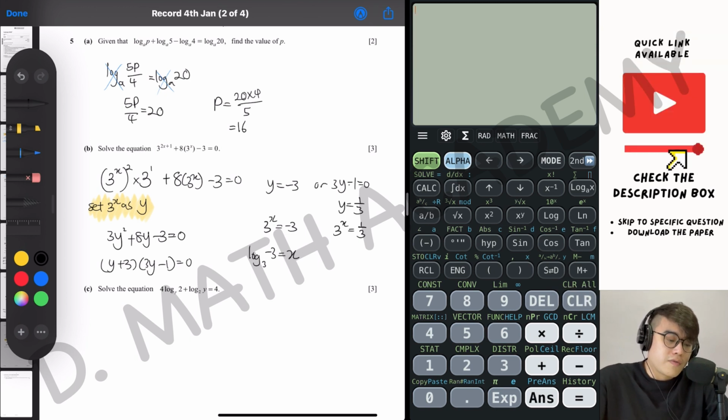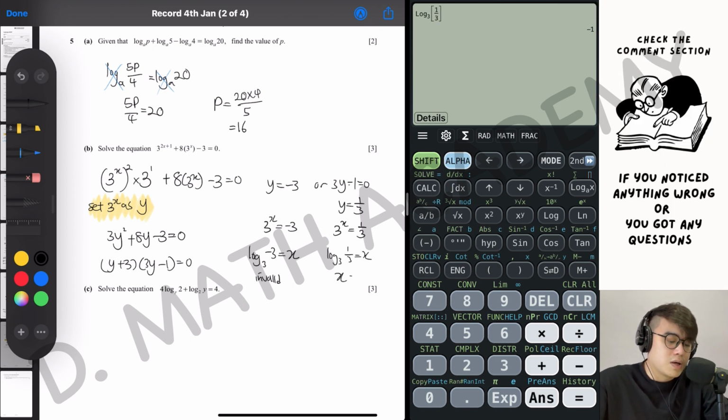The first one, if I'm not mistaken, should turn out to be invalid because we can't accept a negative result here. As for the other one, it's pretty straightforward. To prove that I'm correct, I'll be writing this down. Log 3, 1 over 3 equals to x. X will be -1. So only one answer here, where x is -1.